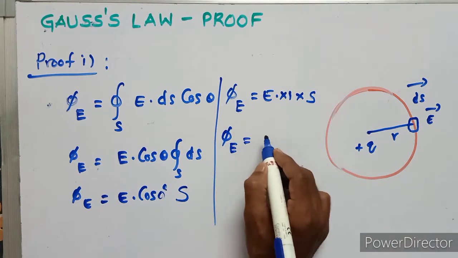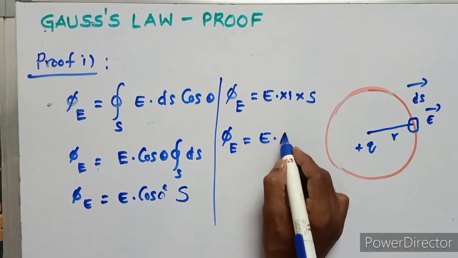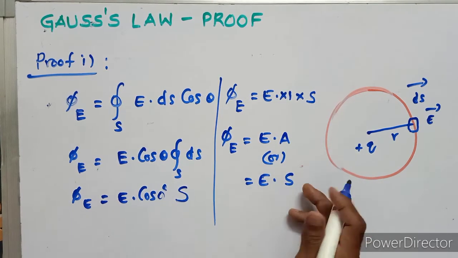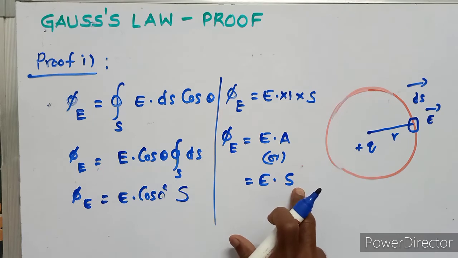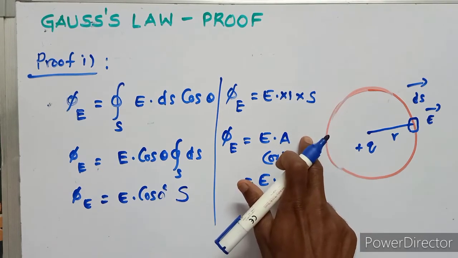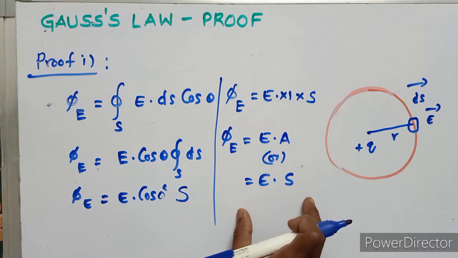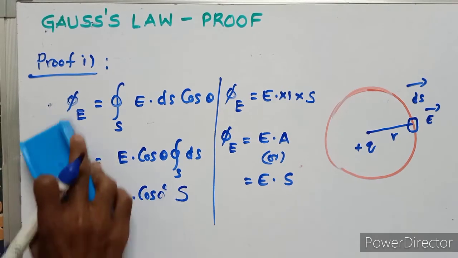Electric flux is equal to E into A or E into S. This is our electric flux.